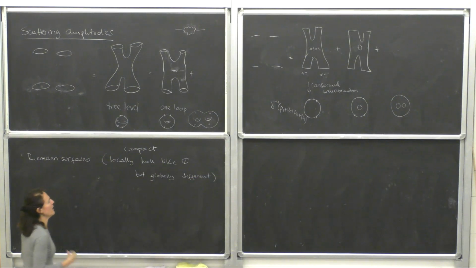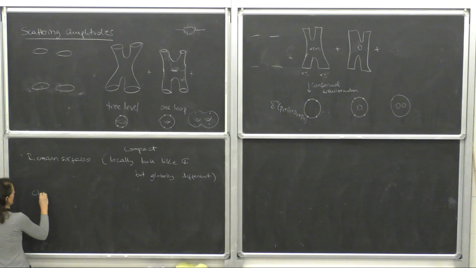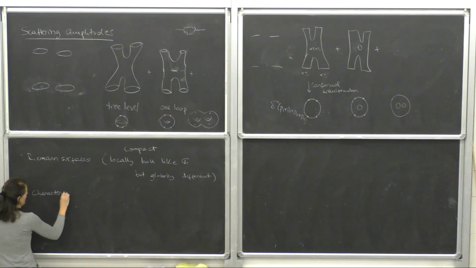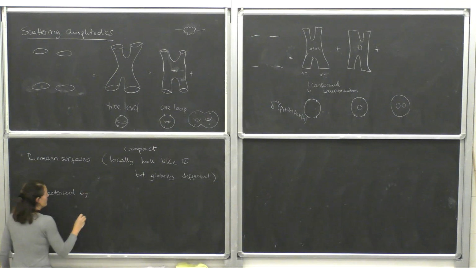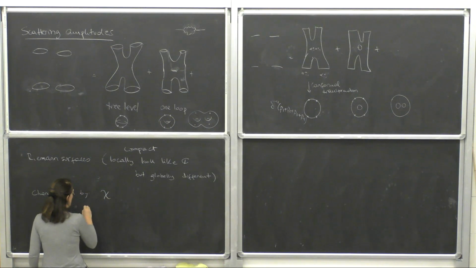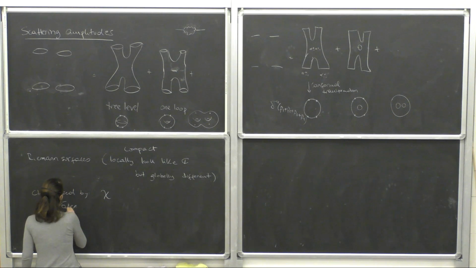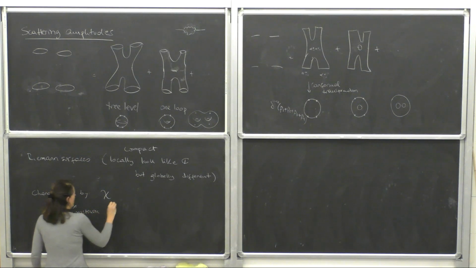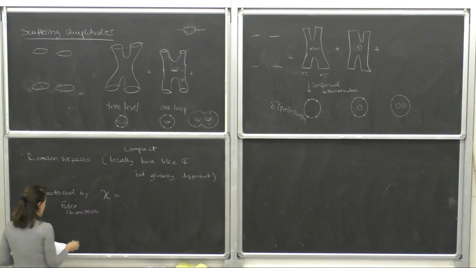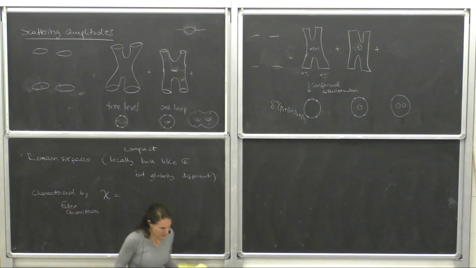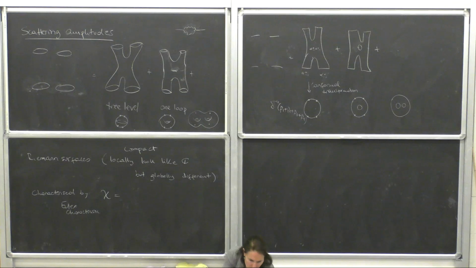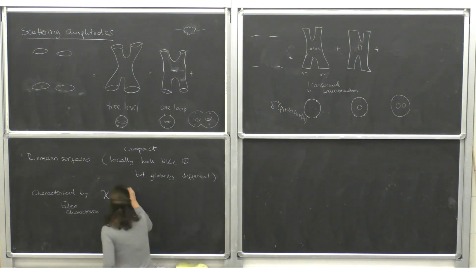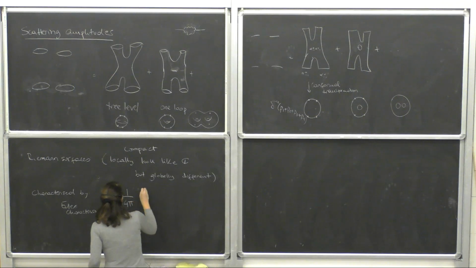And this global thing is characterized by a single number, which is the Euler characteristic, chi, which is some topological number, given by 1/4 pi times an integral.